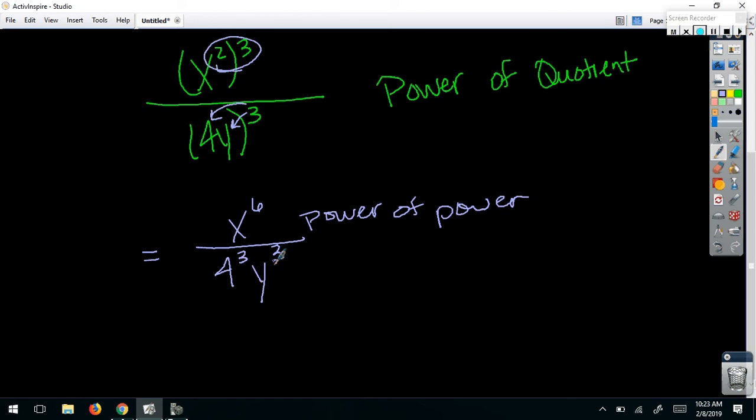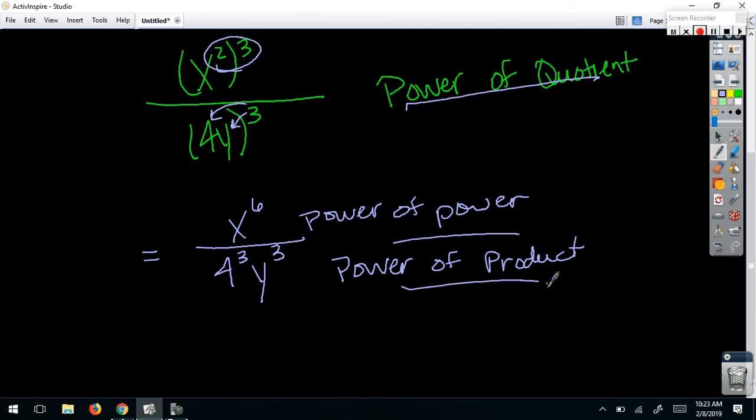Power of a product. Okay, now it's done. But I'm writing these properties up here so that you can see how we're using today's and what we did yesterday to simplify these expressions.